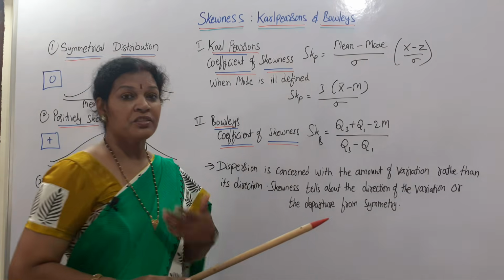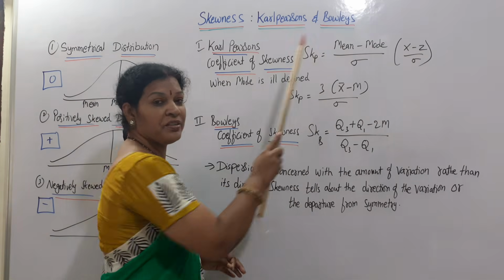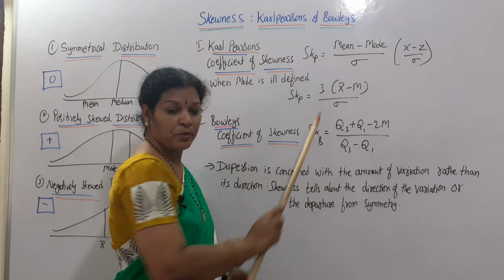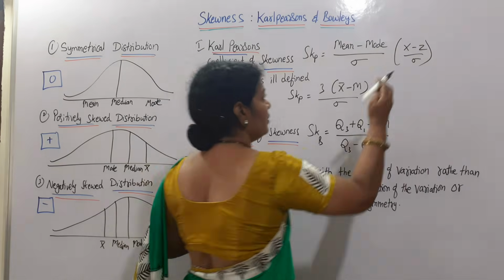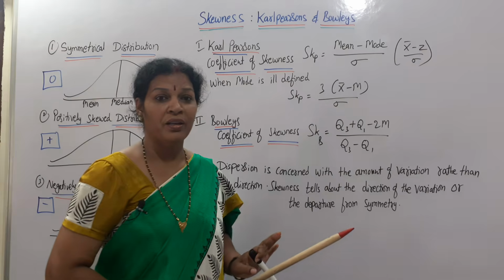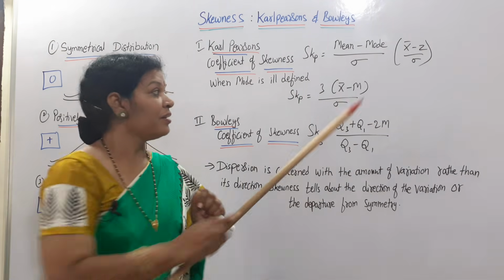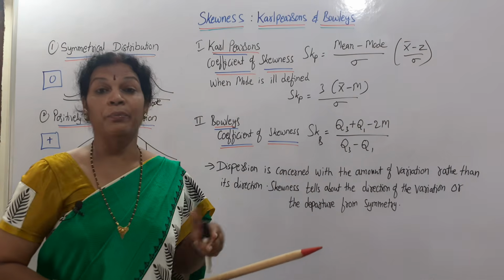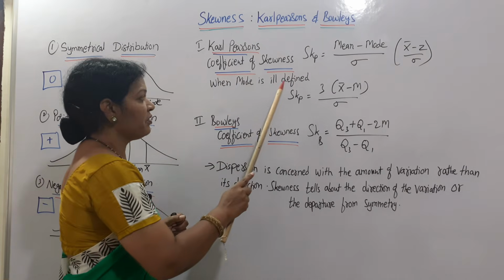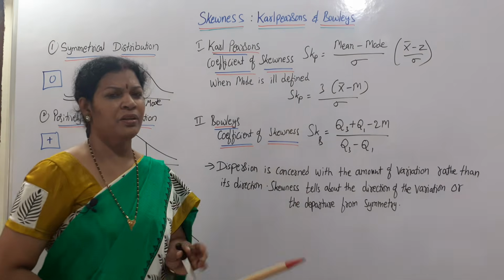Say along with me: SKP is equal to mean minus mode by standard deviation, or in short, x bar minus Z by rho. This is a simple formula. This is the SKP formula, where Z cannot be defined when mode is ill defined. We have another formula for when mode is ill defined: SKP is equal to 3 into x bar minus median by rho. Very easy to remember.